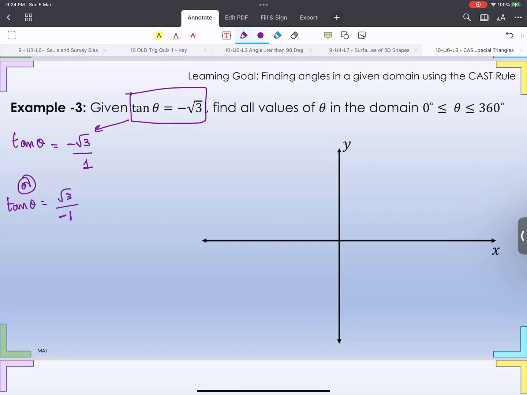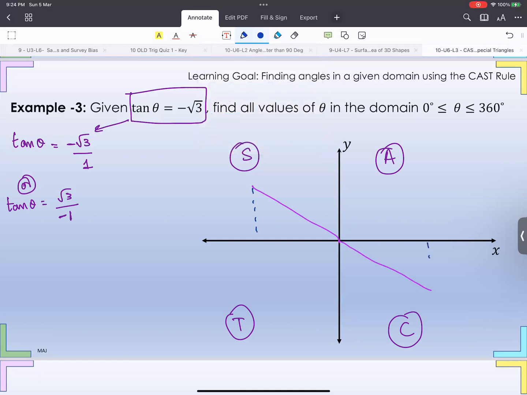Where is tan negative? If you look at the CAST rule, in the first quadrant all of sine, cosine, tan are positive; only sine is positive in the second; only tan is positive in the third; only cosine in the fourth. So tan is negative over here and over here. As usual, drop a perpendicular, draw 90 degrees.